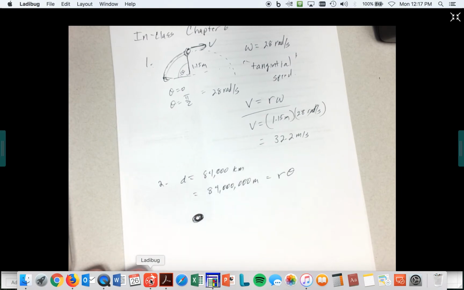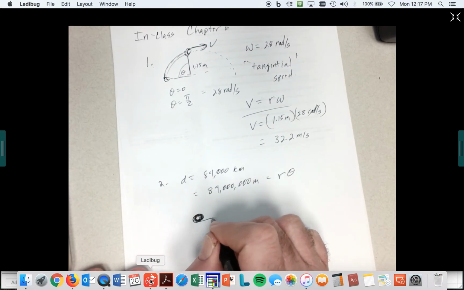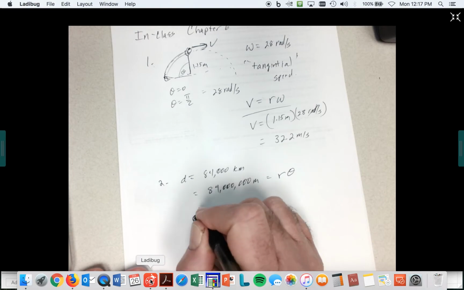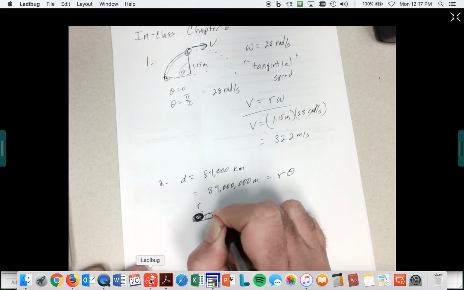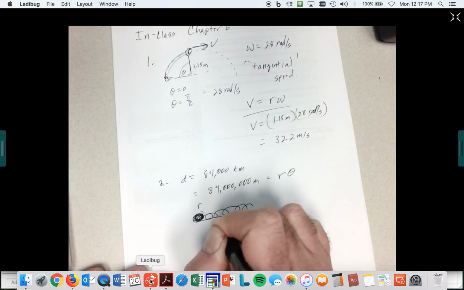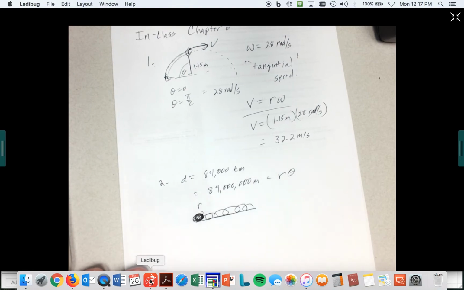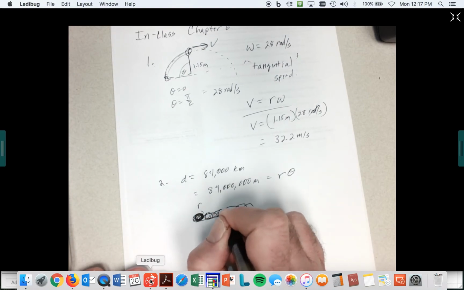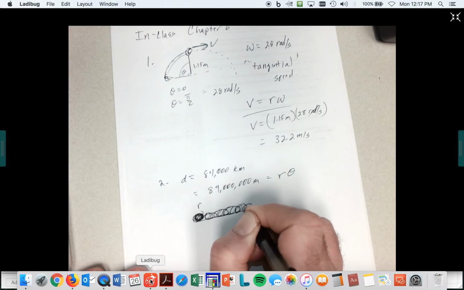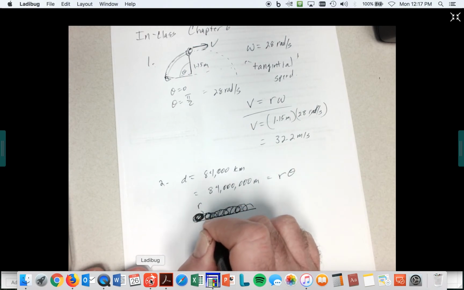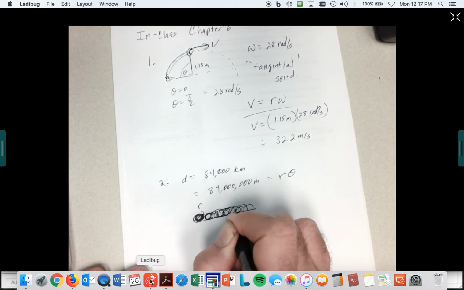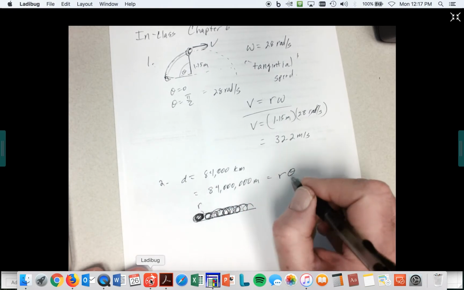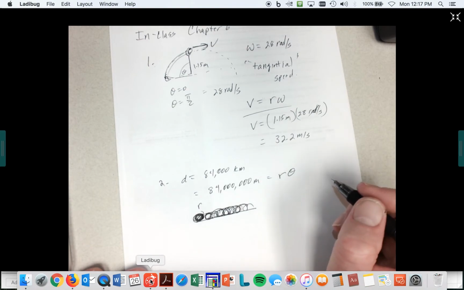If I'm going to paint this surface, and my paintbrush has a radius r, it's going to roll along here through all these revolutions and paint that distance, and that's equal to r times theta.